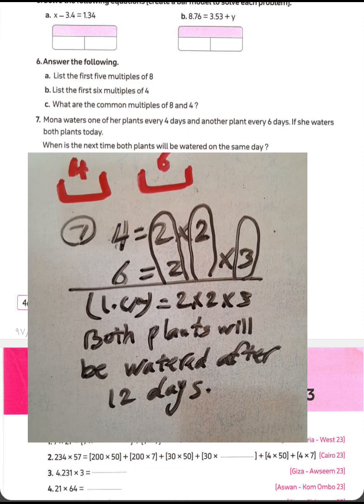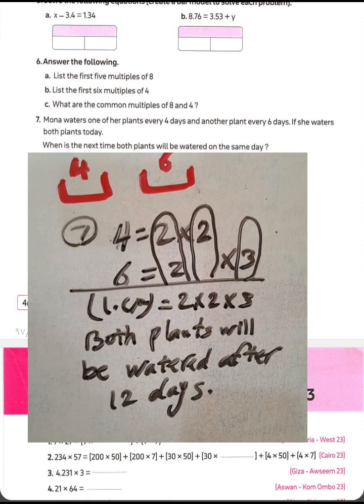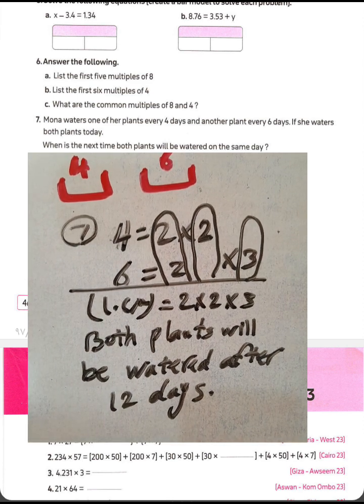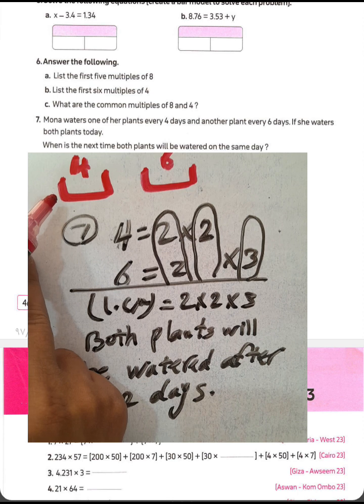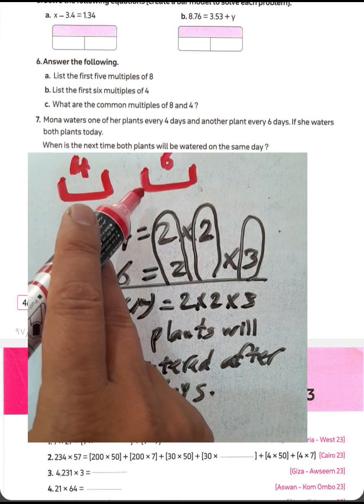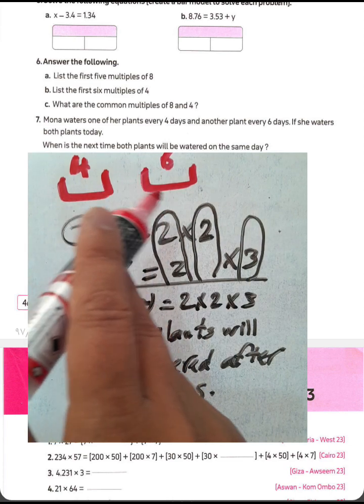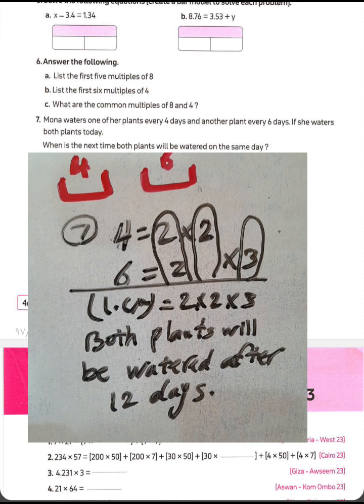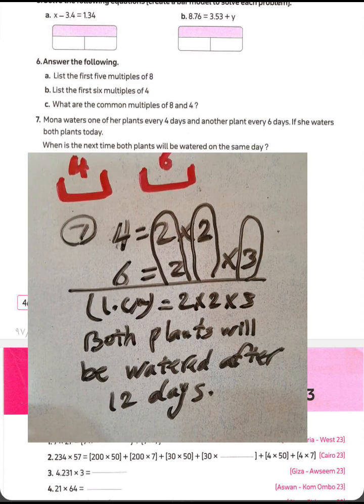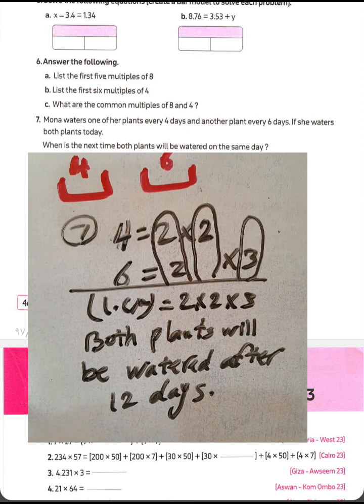We can find the solution to this example by listing multiples of the two numbers here. The first plant every 4 days, and the next plant every 6 days. So we can list the multiples of the two numbers to find what?